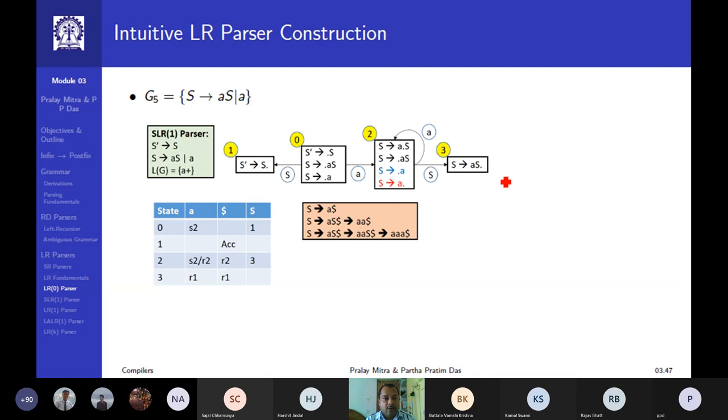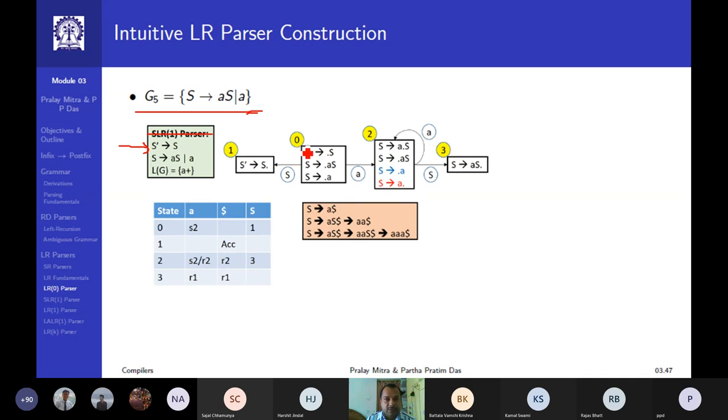Now, if the grammar is like this, say G5 grammar, S derives AS or S derives A. In this particular case, the way we have discussed the construction of the parsing table, we can start by introducing one new start symbol S prime and augment the grammar, S prime derives S. Now you just look at the production rules. For this SLR1 parser you need not look at lookaheads now.